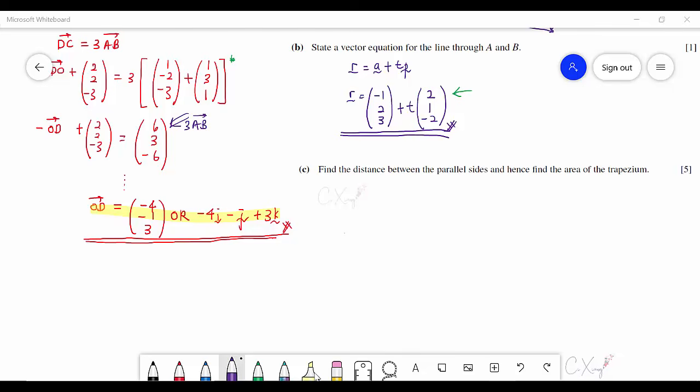Next we come to part C. For part C, they want us to find the distance between the parallel sides, and after that the area of the trapezium.